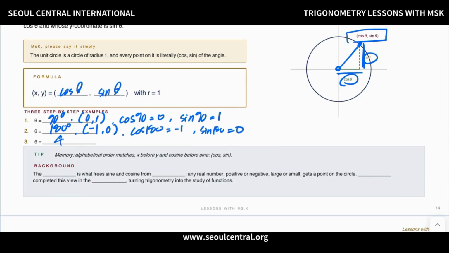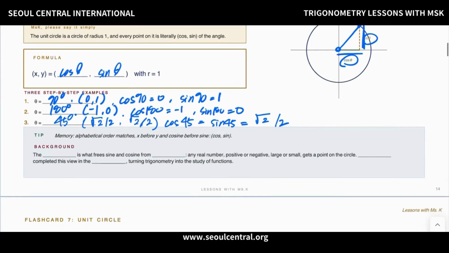Okay? And then at 45 degrees, it would be square root 2 over 2 and square root 2 over 2. Okay? And that would be cosine 45, same as sine 45, which would equal square root 2 over 2. Are we good with this?